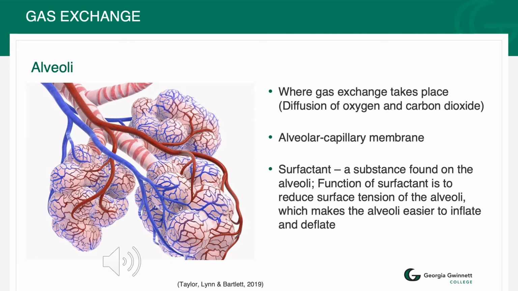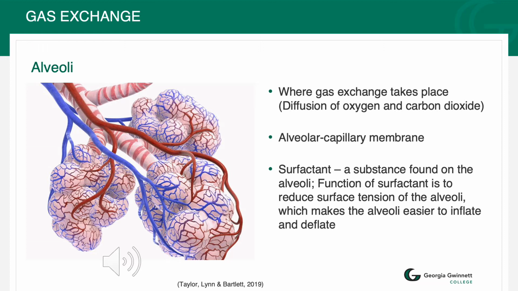Here are the alveoli where the gas exchange takes place. Notice how vascular this is. Typically in diagrams, the venous system is pictured in blue and the arterial system is pictured in red. Right? So the veins bring that unoxygenated blood back to the lungs, and it's at that alveolar capillary membrane that it drops off the carbon dioxide and picks up that fresh oxygen from the atmosphere.